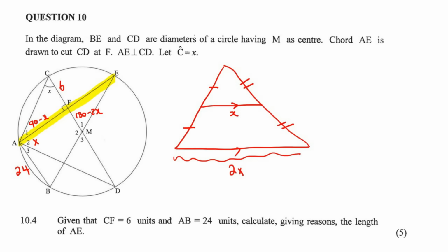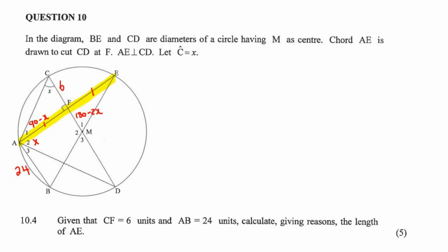Okay, so we know that FE is the same as AF. We know that because we proved that in one of the first questions earlier. They said, why is this length the same as this length? So we can just say that quickly. AF is equal to FE.